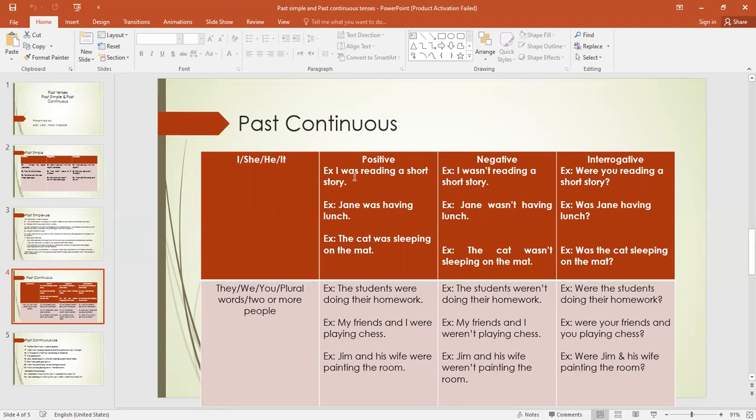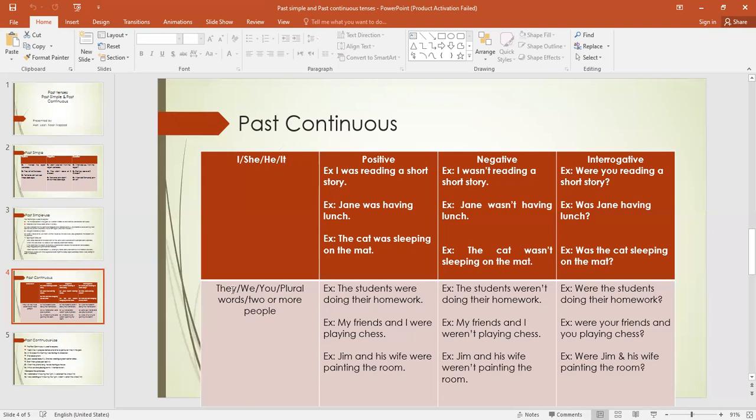So يتكون زمن الماضي المستمر من subject plus was or were and verb ending in ing. Right? So if we have the subject I, she, he, it, we should put was and the verb ending in ing.